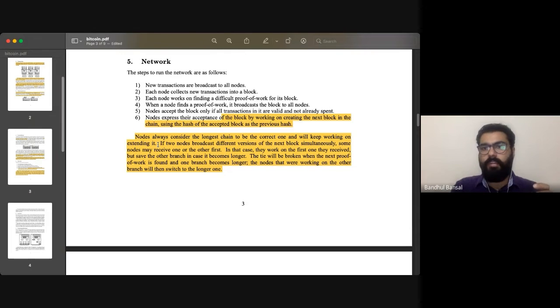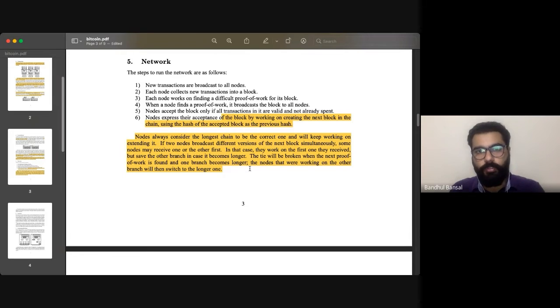So the longest chain will come into play, and the chain that was considered the shorter one, where the next block was not able to be mined earlier than on the other chain, will be discarded, and the longest chain will be selected. So this is the concept of the longest chain, right?